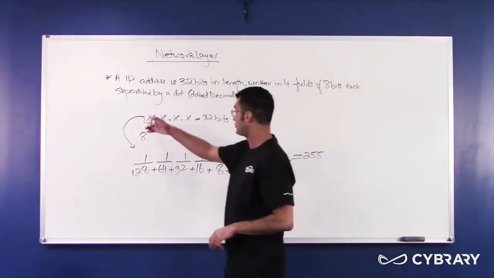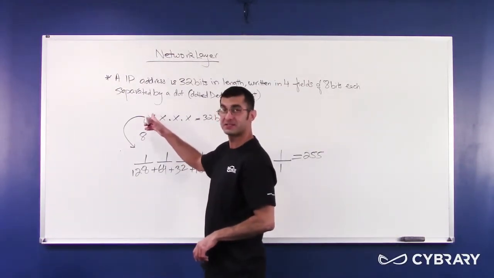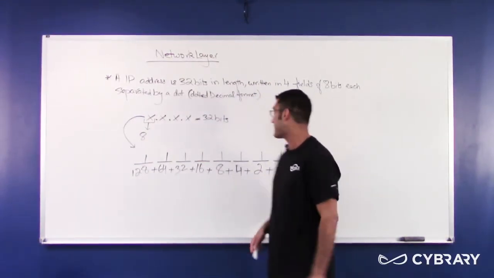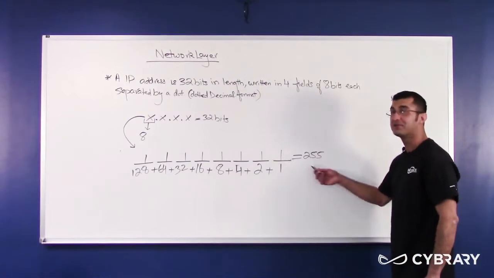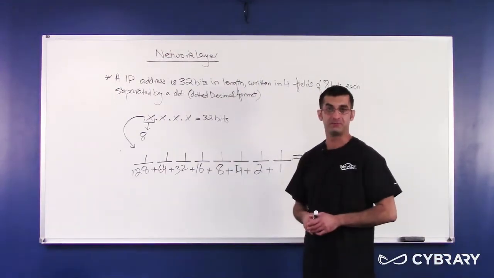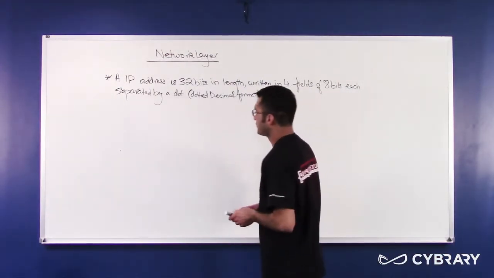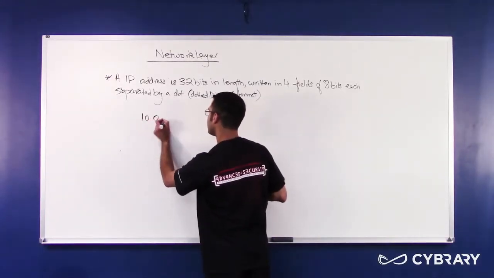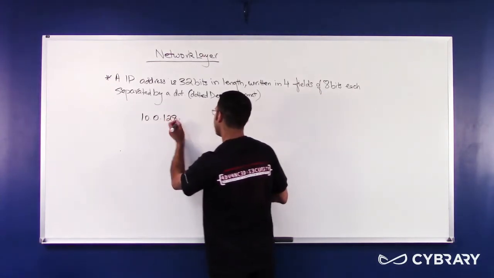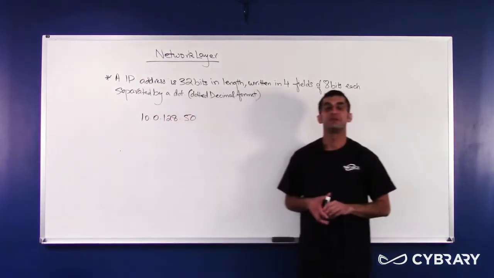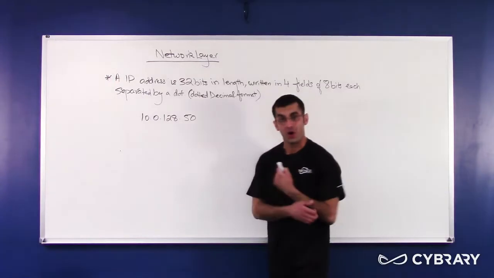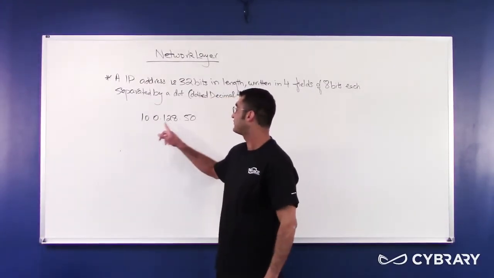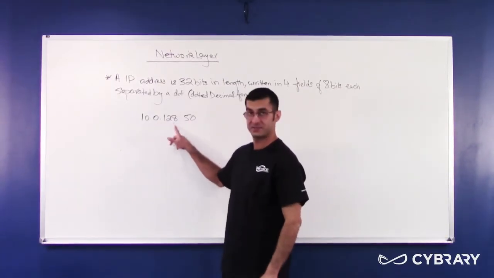Each one of these values, each one of these fields, or octets, can range between 0 and 255. The maximum value being 255, the minimum value being 0. So, an IP address would look something like 10.0.128.50, depending on which bits are turned on and which bits are turned off within each successive octet.